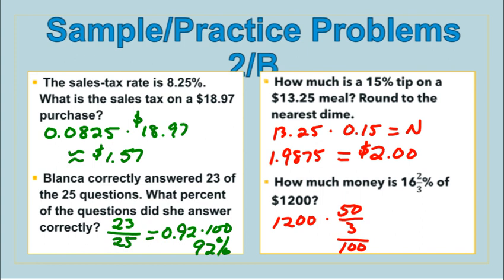So the quickest way of doing that one would be just doing 50 divided by 3, divide that answer by 100, and then multiply that by 1,200, and that would give us an answer of $200.